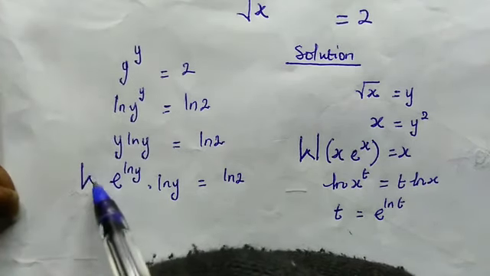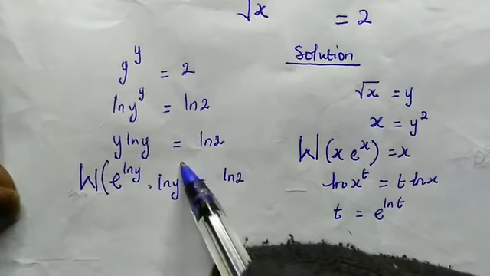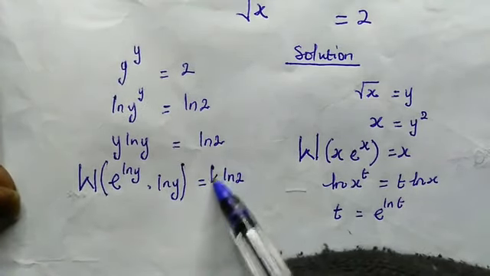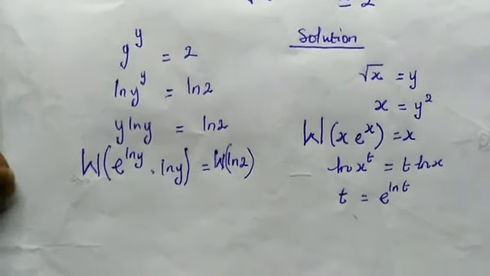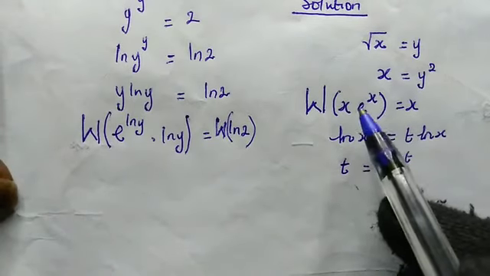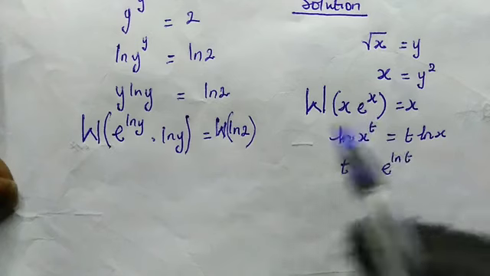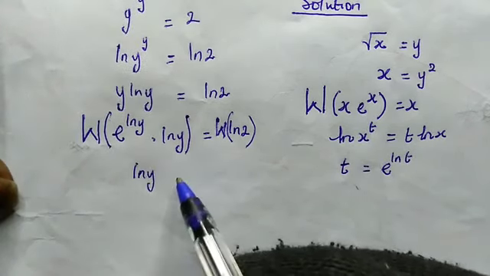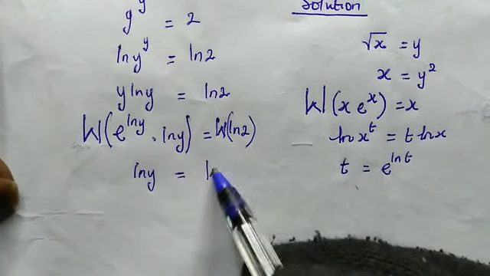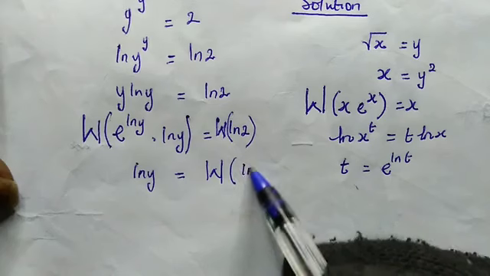So here we have the W of what we have from here. This is equal to the W of the natural log of 2. And with the property of this Lambert W function, we all know this simplifies to the natural log of y, and this is equal to the W of natural logarithm of 2.